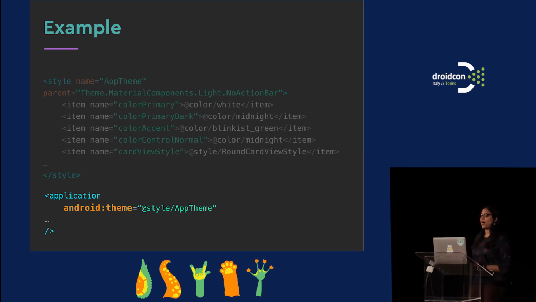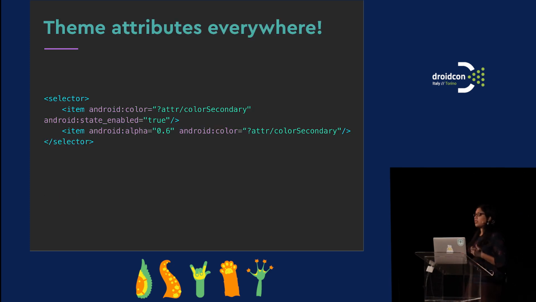And a very powerful feature that comes with theming is that you can pretty much use theme attributes almost everywhere. Color state lists, drawables, styles. And in this case, I'm using it in a color state list. And I'm saying, all right, when enabled, I want you to be color secondary. When disabled, I still want you to be color secondary, but with alpha 0.6.